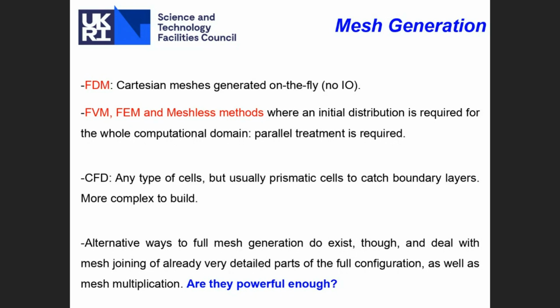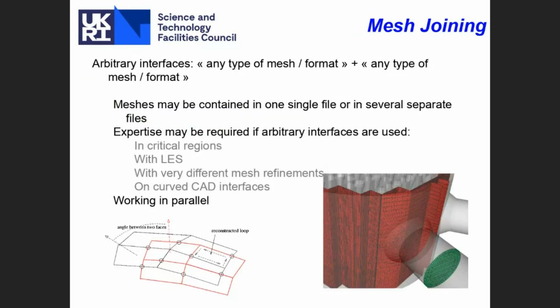We are now going towards a billion and hundreds of billions of cells. It's impossible to do that on a serial machine, because the memory is not available, and on top of that, it would take too much time. So there are ways around.